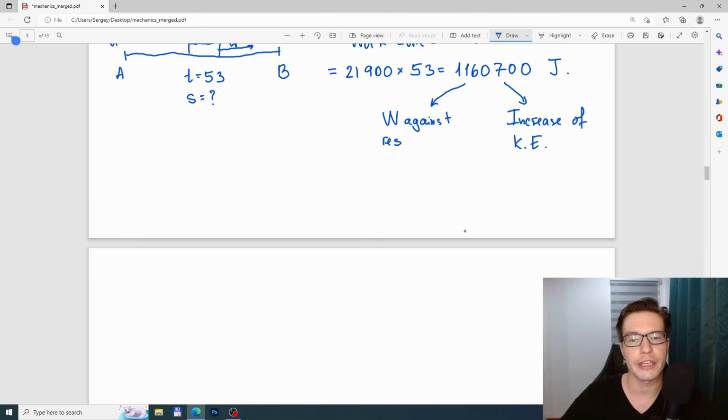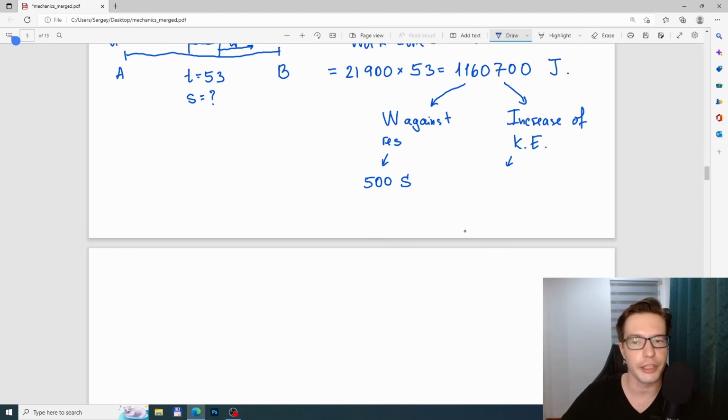Now, what is the work against resistance? It is the force of resistance times the distance. The force of resistance is 500 newtons. The distance is s. That's what we're looking for. Now, what's the increase of kinetic energy?